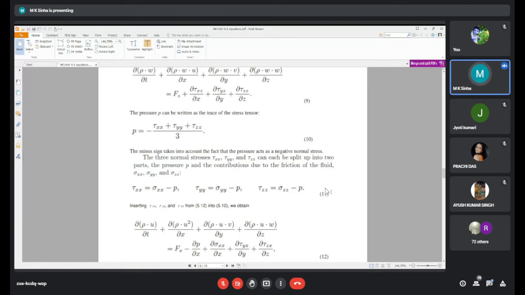If you do not give the subscript, then sigma is the normal stress and tau is the shear stress. Here we have used the double subscript, so normal and shear are the same, and here we replace tau by sigma xx minus p. Tau yy equals sigma yy minus p. Tau zz equals sigma zz minus p.